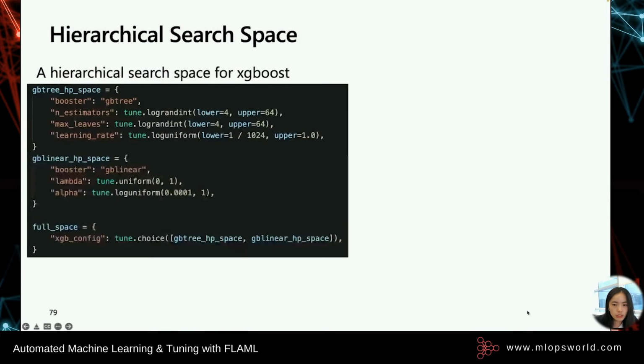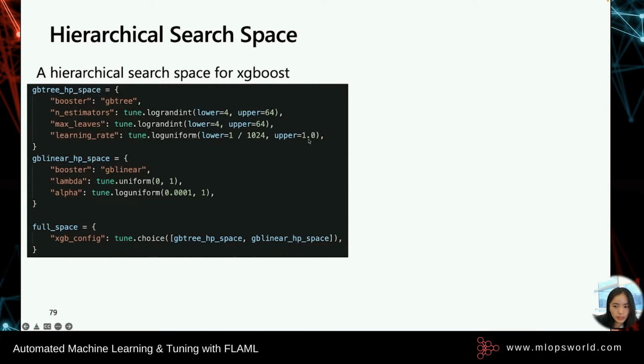Another desirable feature about our search space in FLAML is the support of hierarchical search space. It can make your tuning process very convenient if a hierarchical search space indeed exists. For example, in XGBoost, depending on the type of booster, you have very different groups of hyperparameters.